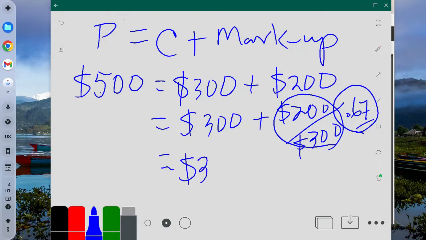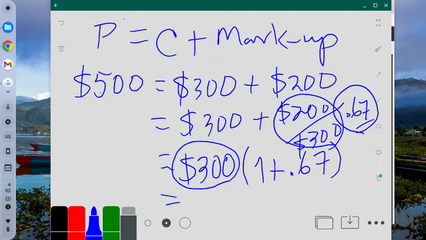Common factor is 300. If we factor out 300, then this becomes 1, right? This becomes 0.67, right? If we generalize this, because this is C, right?